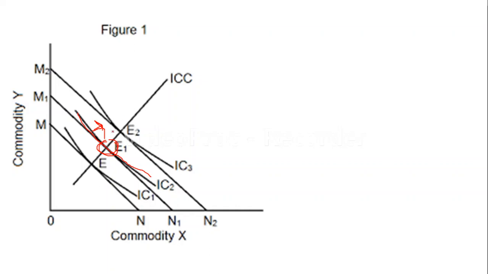So again here you will find a new equilibrium point, that is E2. And when consumer's income decreases, his budget line will shift downwards. So again he will find new equilibrium point. So if you join all these equilibrium points, you will get a curve. This curve is known as the income consumption curve.